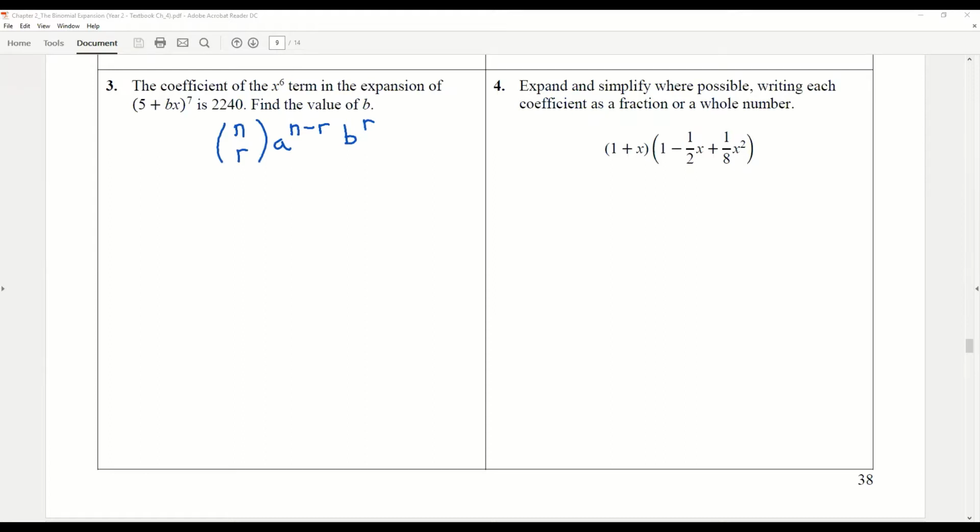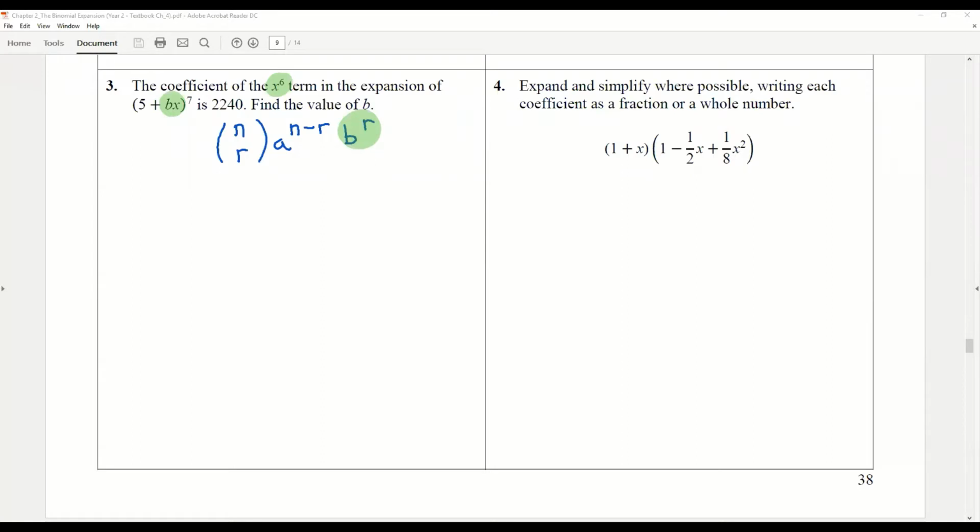there's some information there. The coefficient of x to the power 6. I'll just highlight some of this information. So x to the power 6, that's the coefficient I'm interested in. Now, to create the x to the power 6, that means that my b, which is also this bx here, has to be raised to the power 6. So let's just write down that little bit of information.